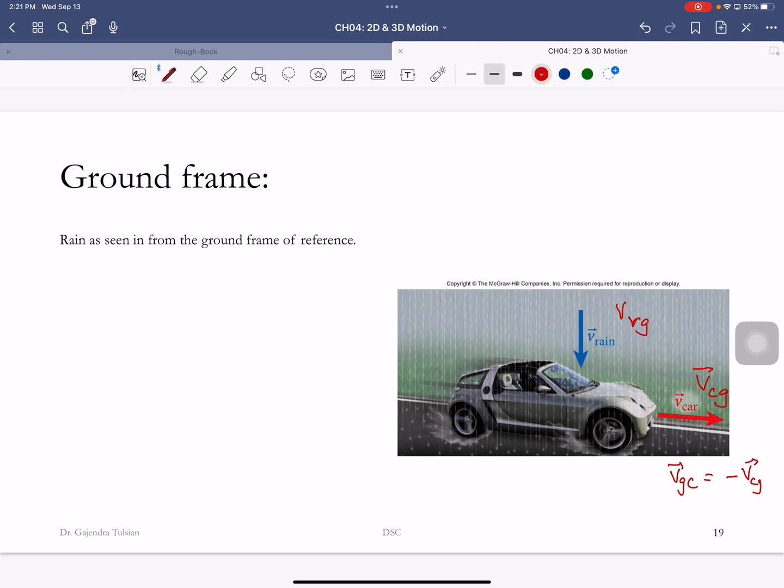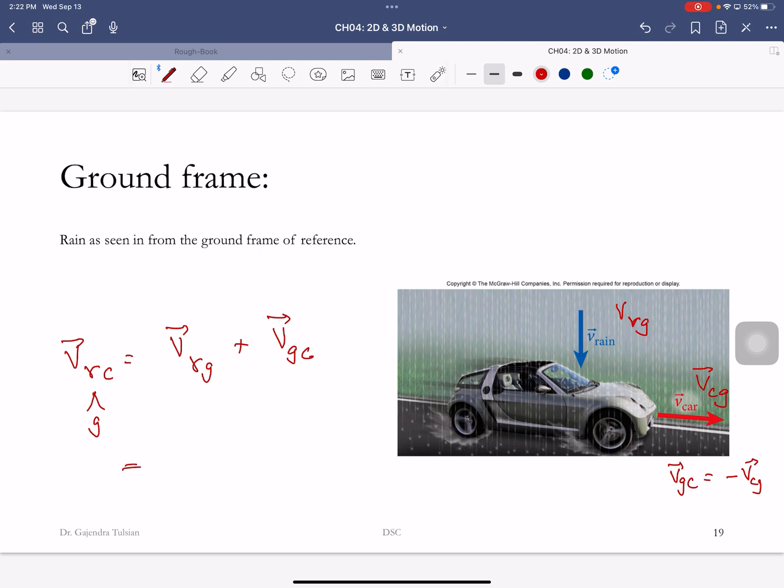Okay. So here's how you add velocity. Velocity of rain with respect to the car. Here's how you read the notation. You can always add another letter there. Is equal to velocity of rain with respect to ground plus velocity of ground with respect to car. Yep.